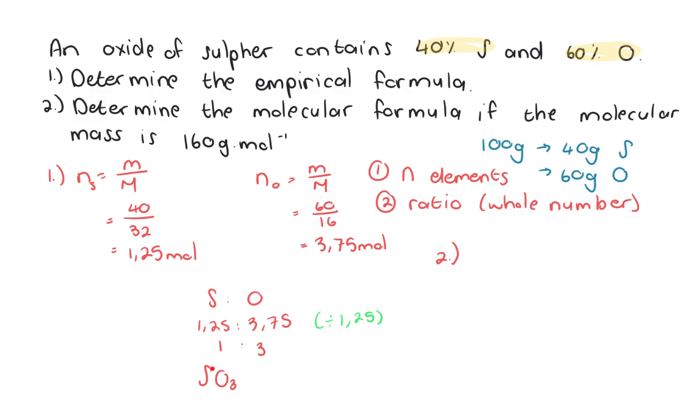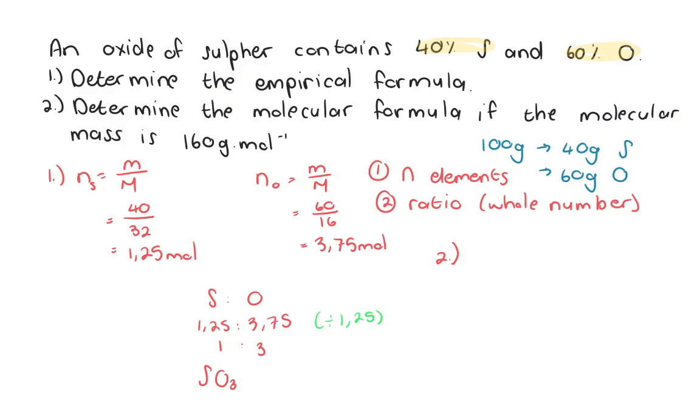Because if this weight and that weight are the same, then the empirical formula is the same as the molecular formula. But if the mass of my empirical formula is half the mass of my molecular formula, it means I only have half the number of atoms. So I have to double all of this.